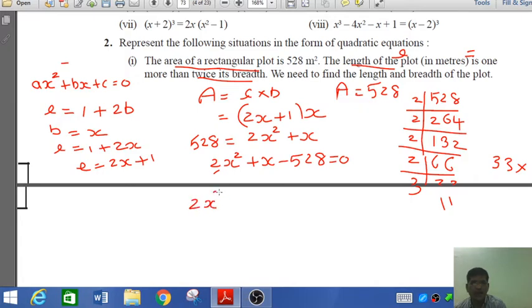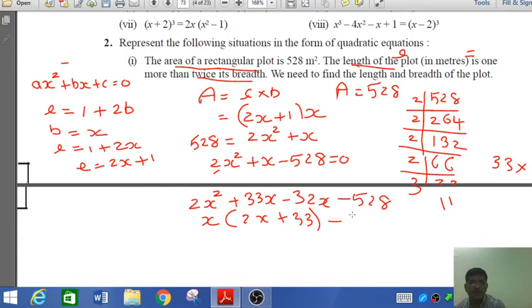2x square plus 33x minus 32x minus 528. And I have to take x common. So in the bracket 2x plus 33, and minus 16 if I take common outside, then 2x plus 33. So x minus 16 and 2x plus 33.